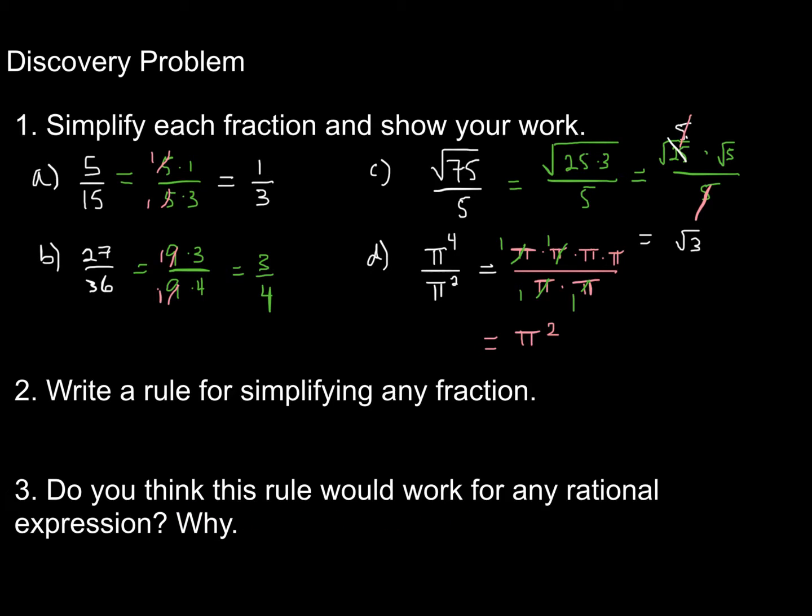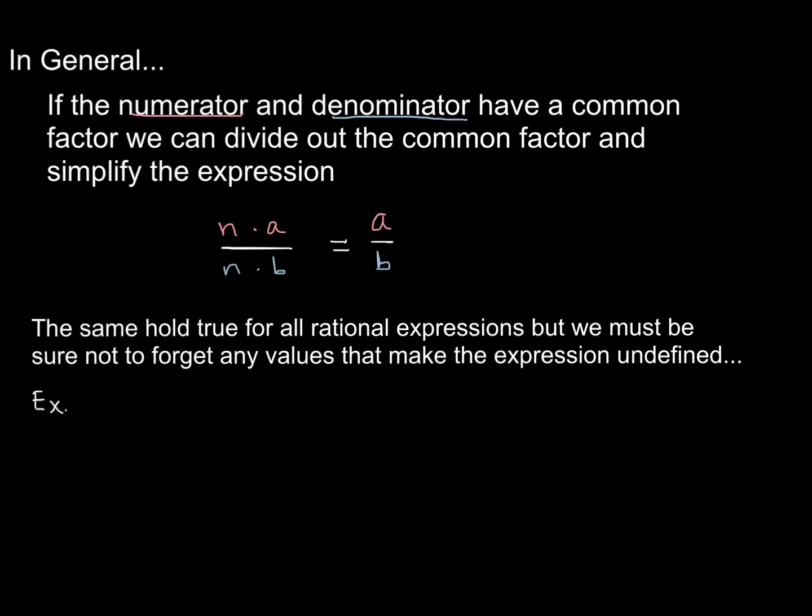Now, whether or not this rule works for rational expressions is a whole other question. What if I don't just have constant numbers, but I have variables involved? This seems like it should work because I can factor out things with variables, right? I can write them in terms of factored form. So we should be able to do the exact same thing. There is just one thing that we'll have to keep in mind, and we'll discuss that in a second.